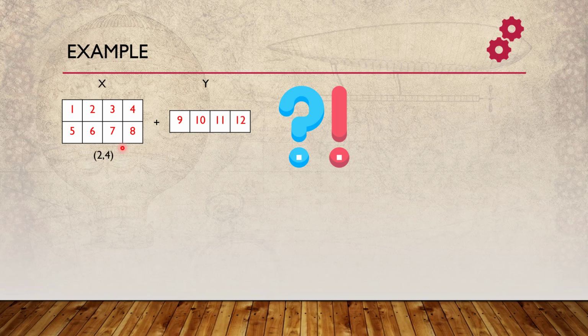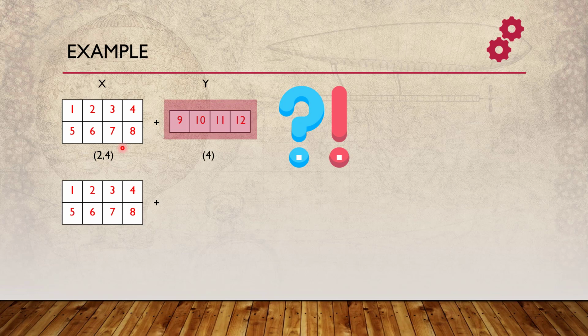So x is 2 by 4, and y has shape 4. If I take x as is, and repeat y here, I will be creating 2 rows with the same values that y has. So x was already 2 by 4, and y I am also making 2 by 4.